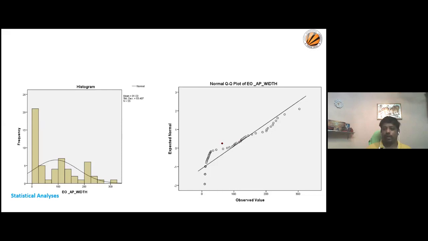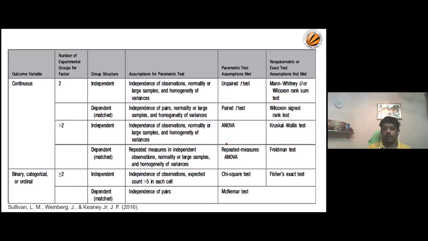You can see the values are scattered away from the trend line, so it does not look normally distributed. Okay, so this is the normality statistical tool that you will employ for your study.